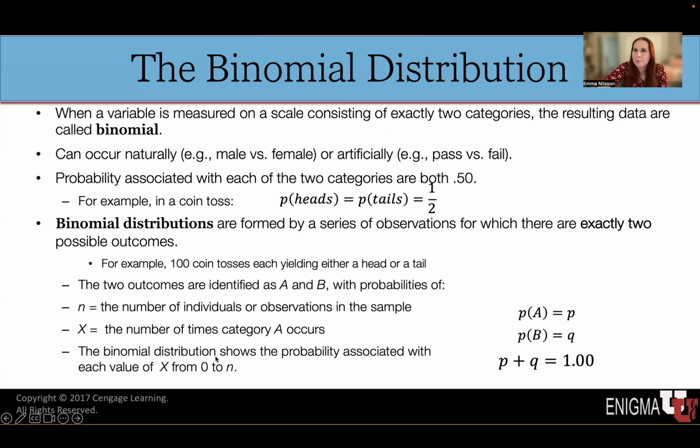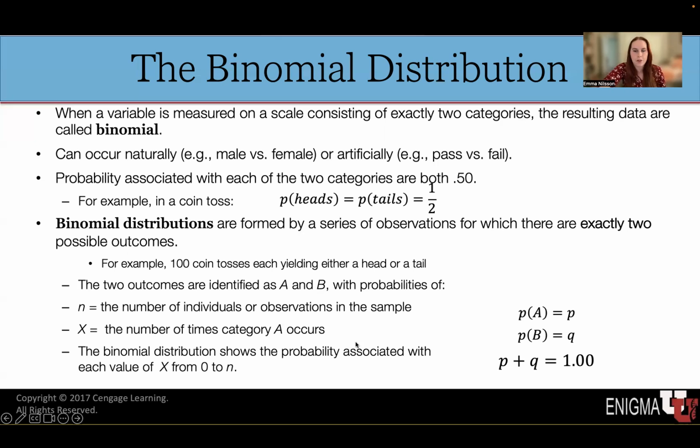The important things to remember in terms of the variables that we're going to be talking about, the two outcomes are usually identified as A and B. So like the probability of getting heads would be A and tails would be B. N is going to be the number of individuals or observations in your sample, so like the number of coin tosses. And then X is going to be the number of times category A occurs, for example.